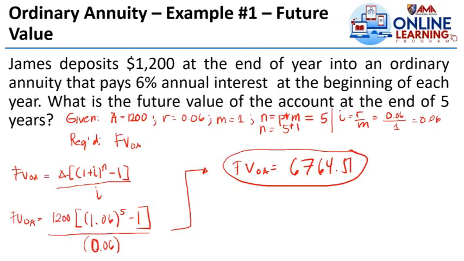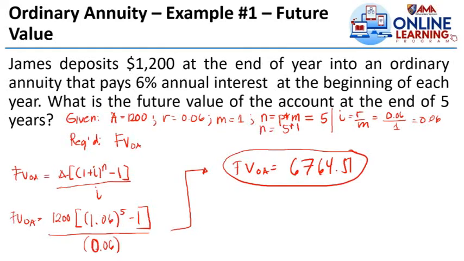So James deposits $1,200 at the end of the year into an ordinary annuity that pays 6% annual interest. So what is the future value of the account at the end of 5 years?